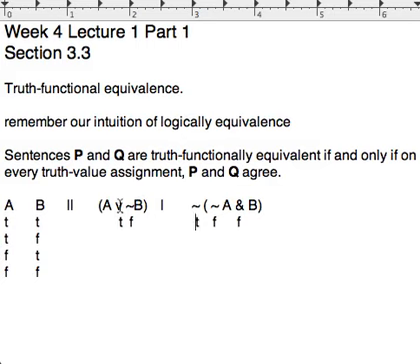So now these two sentences agree at least on this truth value assignment. But if they're going to be truth functionally equivalent, then they need to agree on every possible truth value assignment. So let's keep going to the next row. Okay, so here, not B gets true because B is false on this truth value assignment.